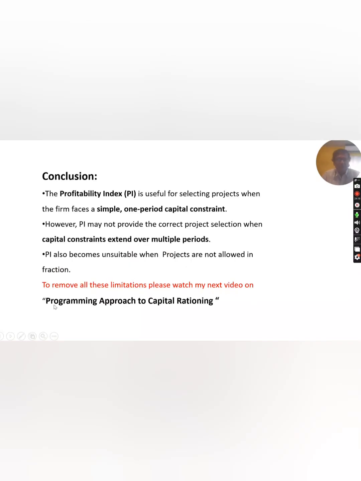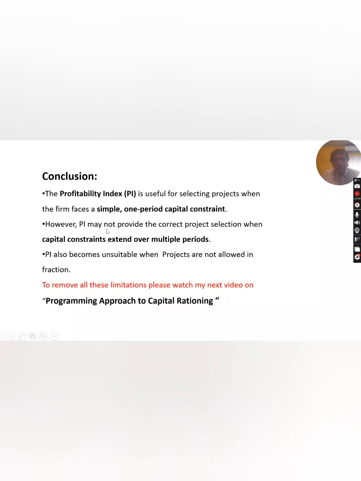Now this is the conclusion. What is the conclusion? The profitability index is useful for selecting projects when the firm faces a simple one period capital constraint, not multi-period. So a simple one period capital constraint is there. Then PI rule is useful.